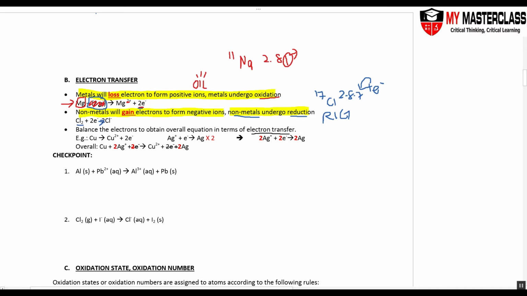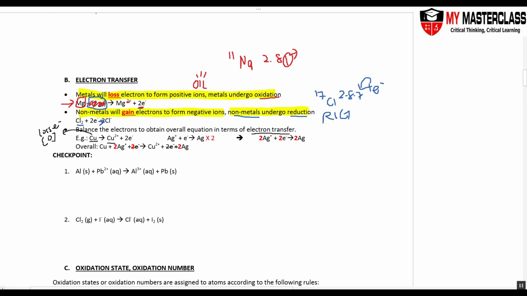For example, I have copper forming Cu2+. Since the product is 2+, it must gain 2 electrons to become neutral on the product side. So actually on this side I am losing electrons. Oxidation is loss, so my copper metal undergoes oxidation as it loses 2 electrons.